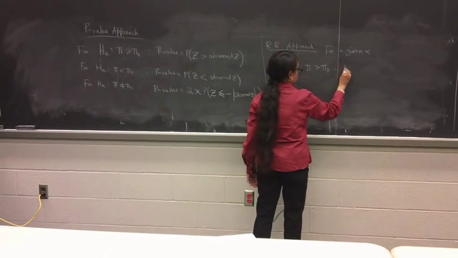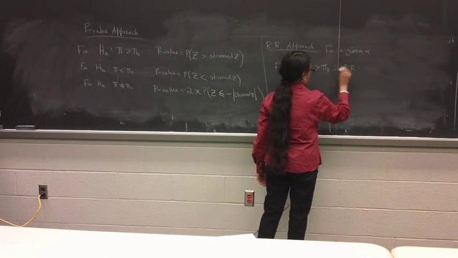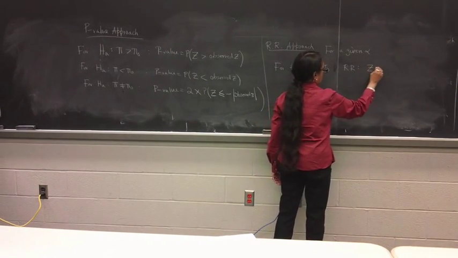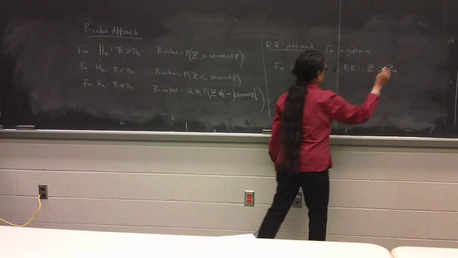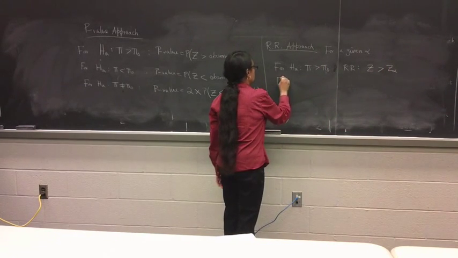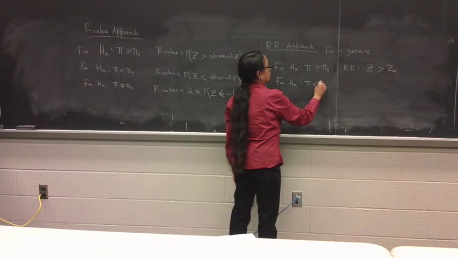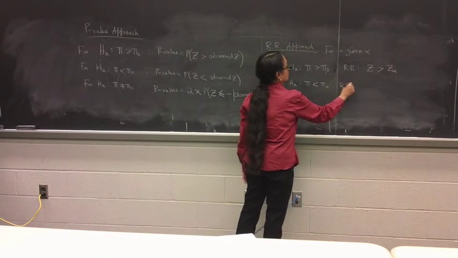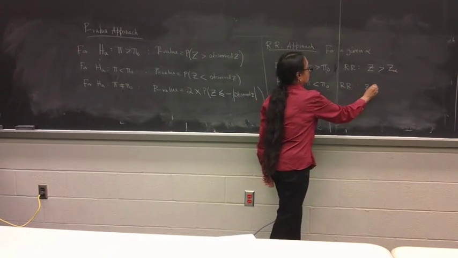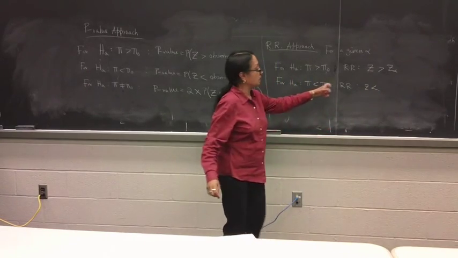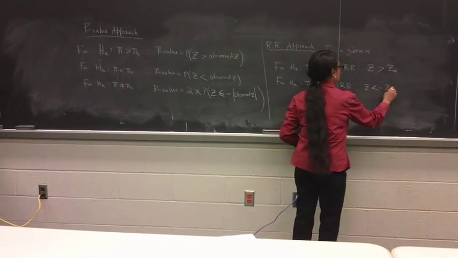The rejection region is going to be z greater than some z alpha. If your alternative is pi less than pi naught, the rejection region is left sided. If this is less than, then it is less than negative z alpha.